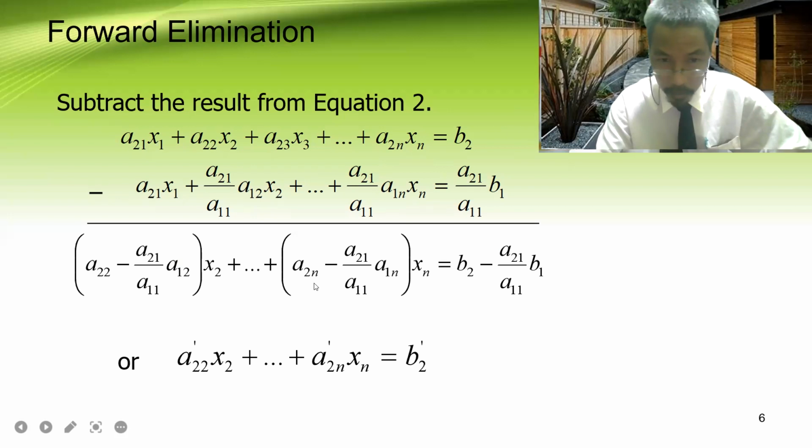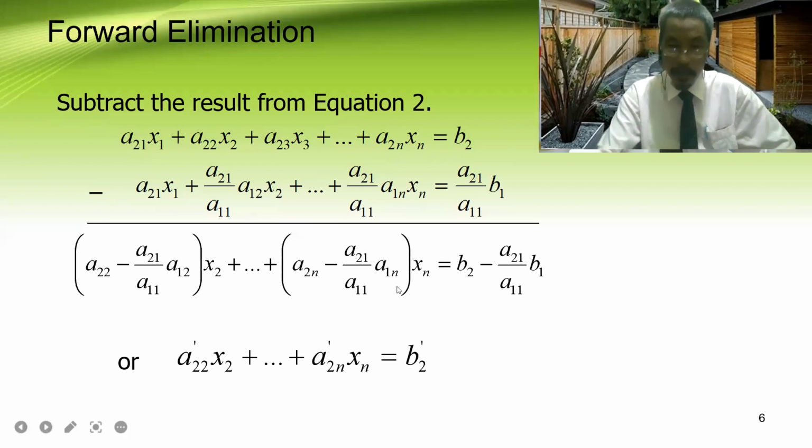So take note of the format: A22 minus this one. The denominator is always A11, up to the equivalent constant of the equation.